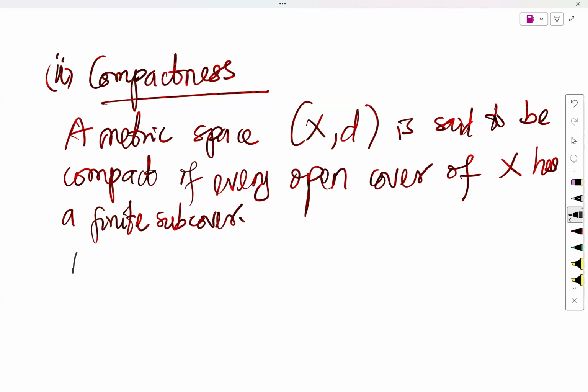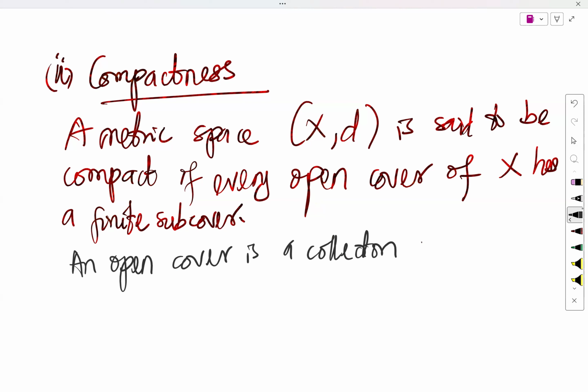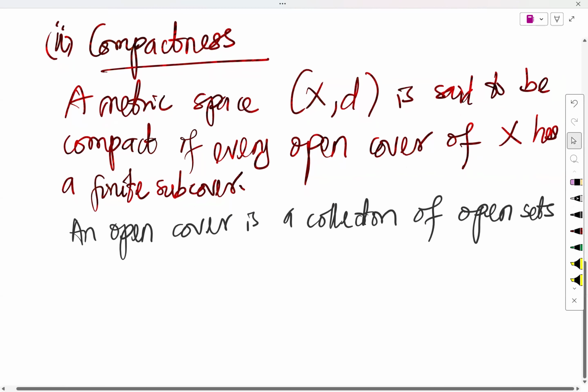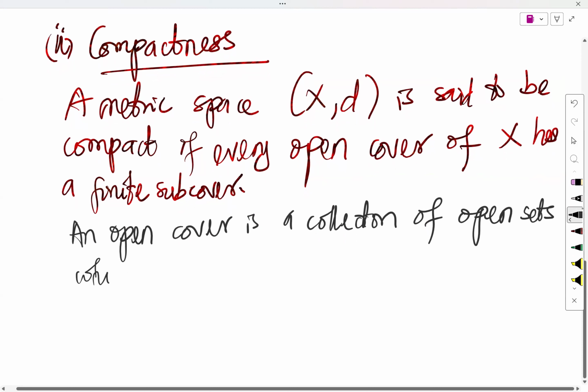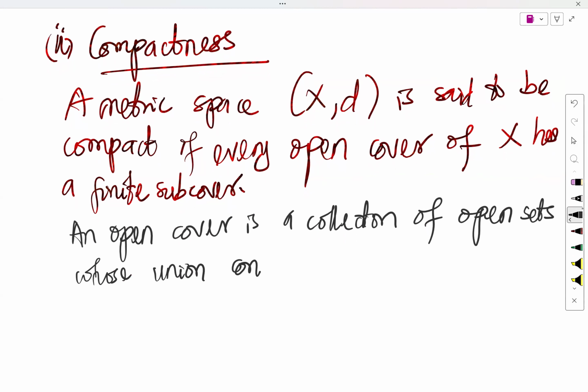You need to know that an open cover is a collection of open sets whose union contains X.